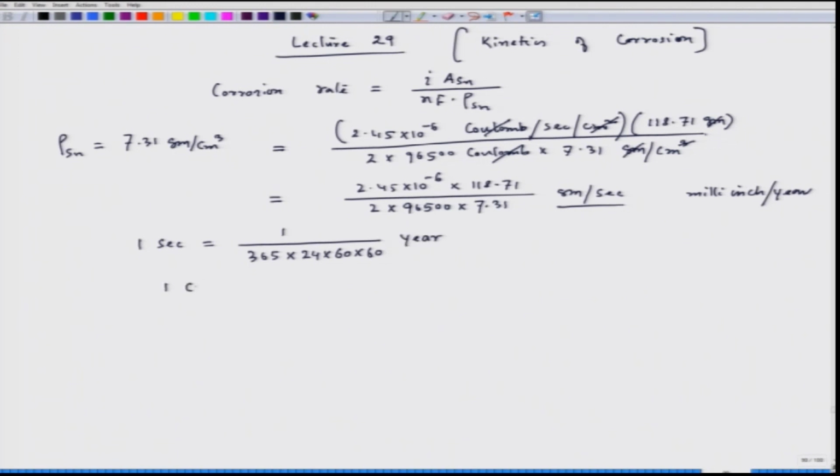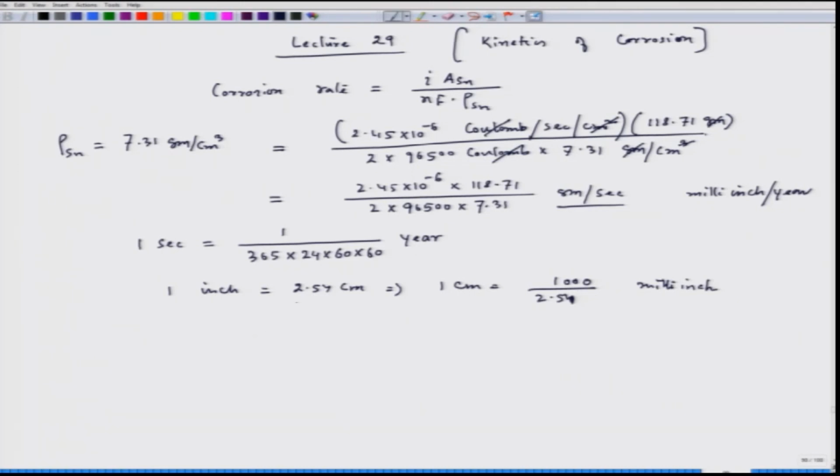Now, 1 inch equal to 2.54 centimeter. So, 1 centimeter equal to 1 divided by 2.54 inch. I can make it milli-inch by putting here 1000, because 1 inch is equal to 1000 milli-inch.